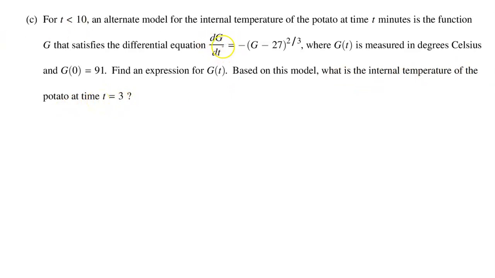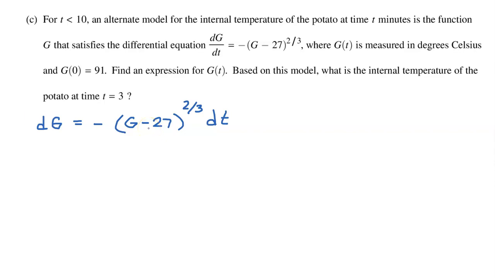This is a separable differential equation. So we can solve this by getting all of the g's on the left side of the equation and all of the t's on the right-hand side. Let's begin by moving this dt over to the right-hand side by multiplying both sides by dt. So now we have the t's on the right.